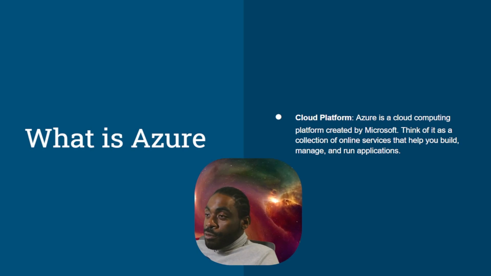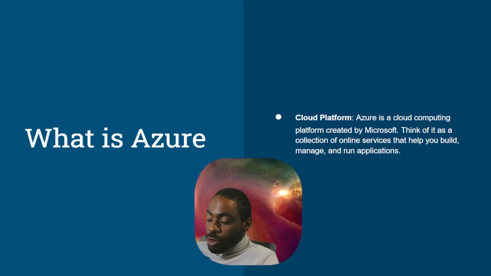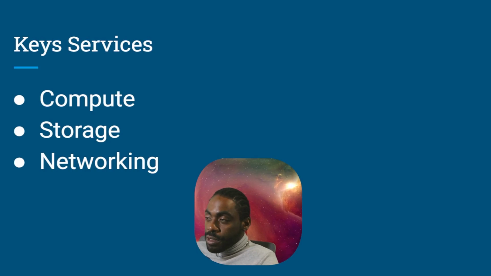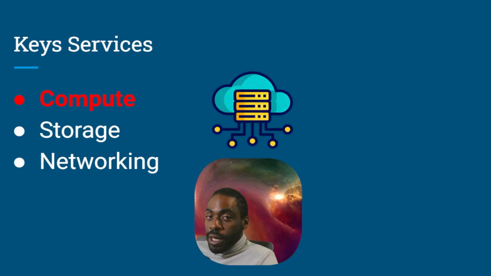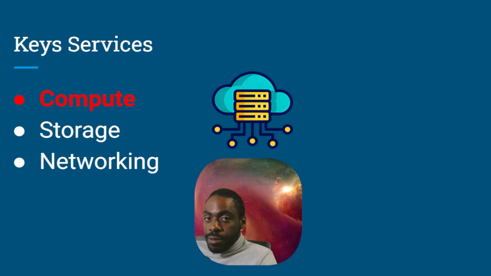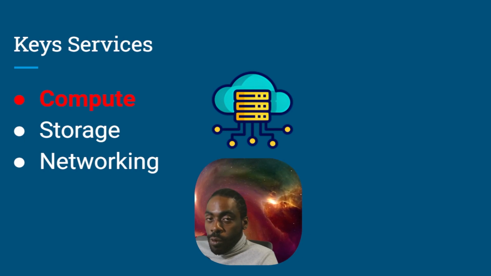Now, let's continue. Azure can be broken down into more or less 3 core services if you think about it from a very high level. What are those services? Those services are compute. So that would be virtual machines, applications, serverless functions, right? Basically anything where a computer is involved in processing, I would tag as compute.